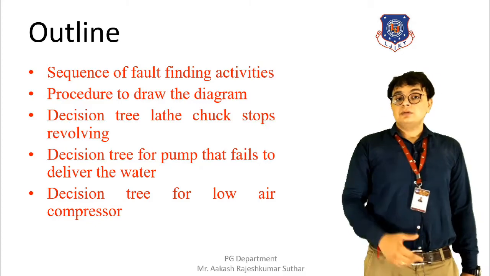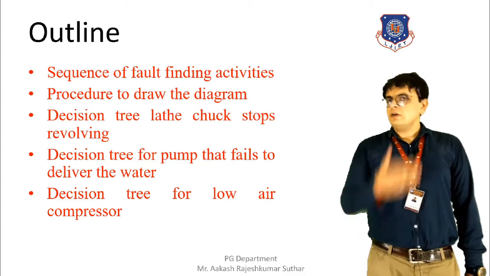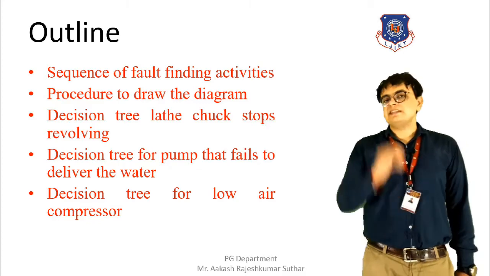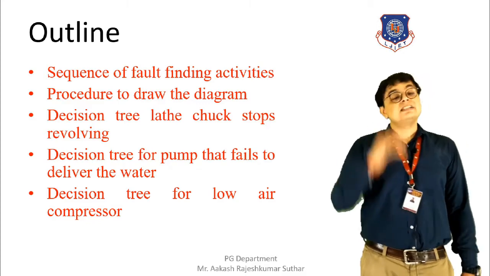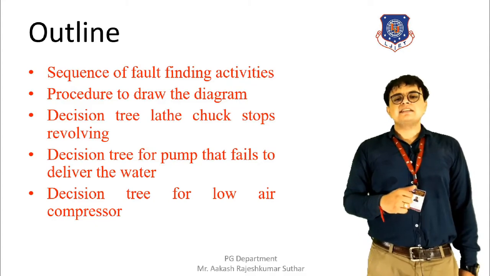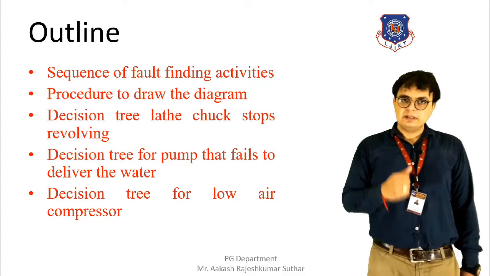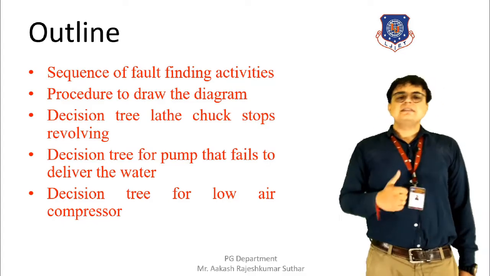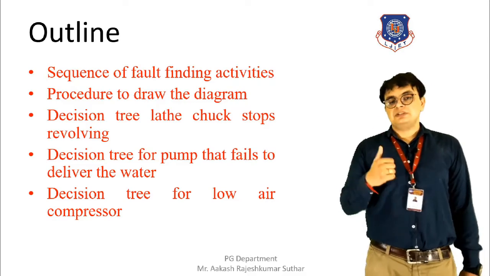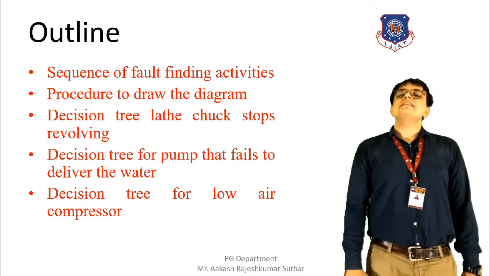We are also going to make decision tree diagrams for different kinds of equipment: a lathe chuck that has stopped revolving, a pump that fails to deliver water, and a low air compression. So these are all the things that we are going to discuss in this session.